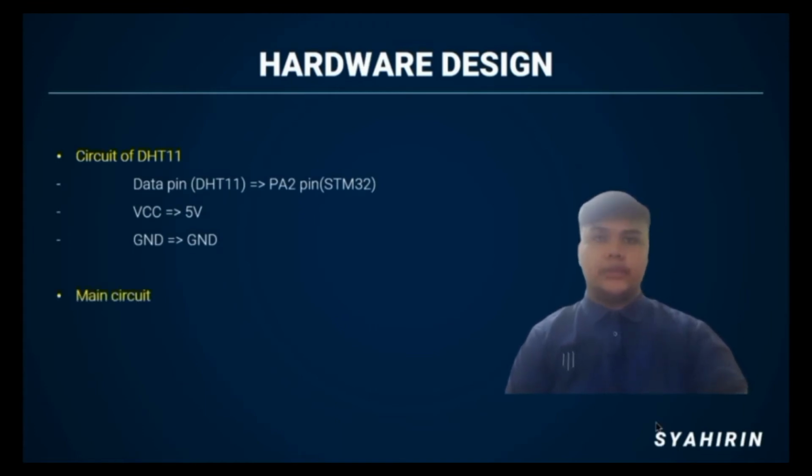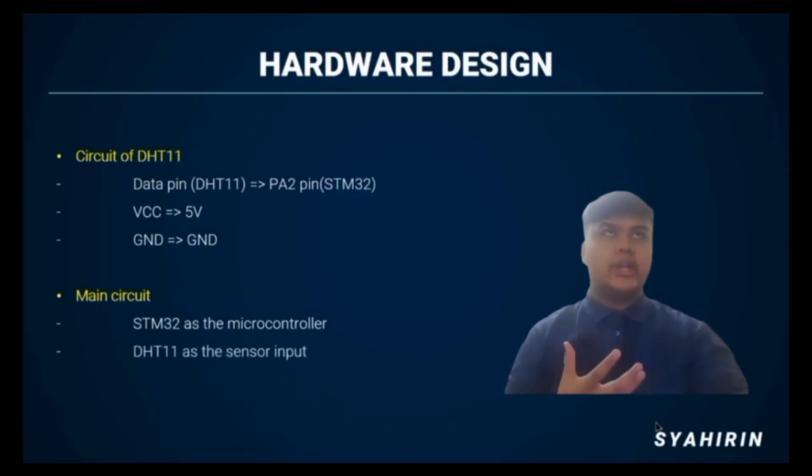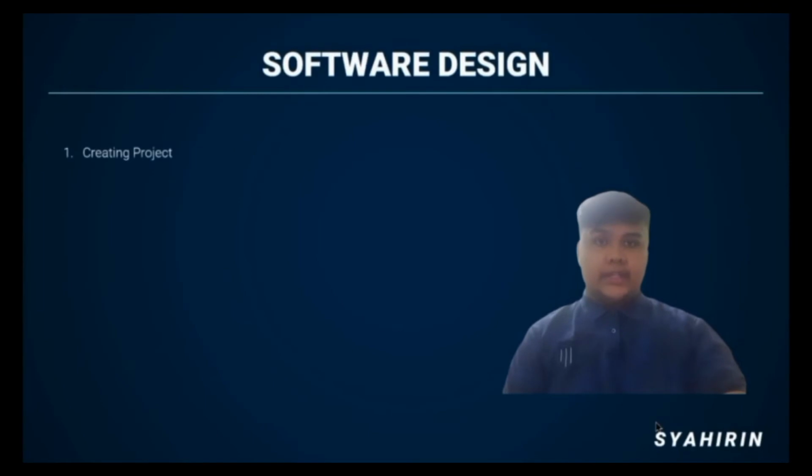For the main circuit, it uses STM32L053R8 as the microcontroller, which is the brain of the circuit. The DHT11 sensor is the input and the DC motor fan is the output. Moving to the software design, there are 10 software tasks that need to be developed.